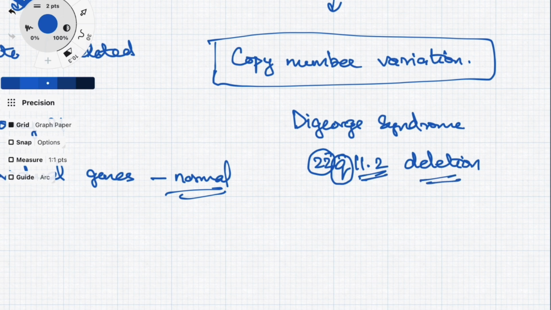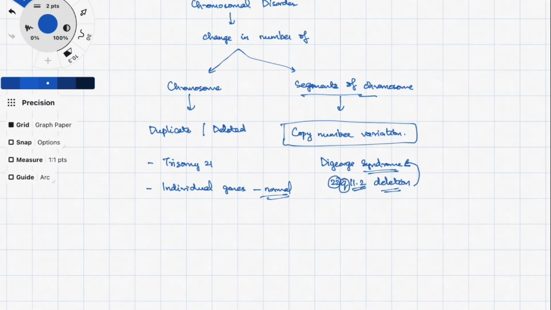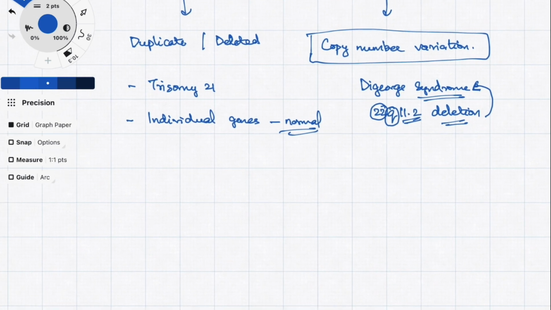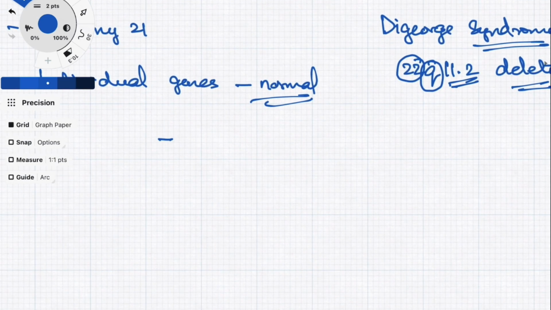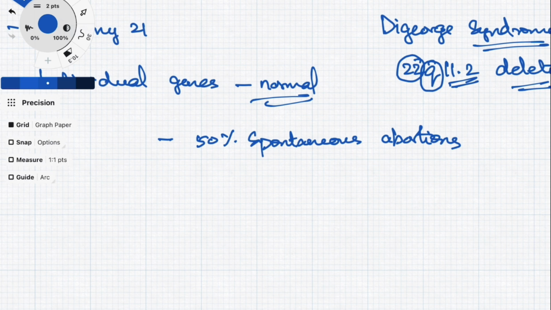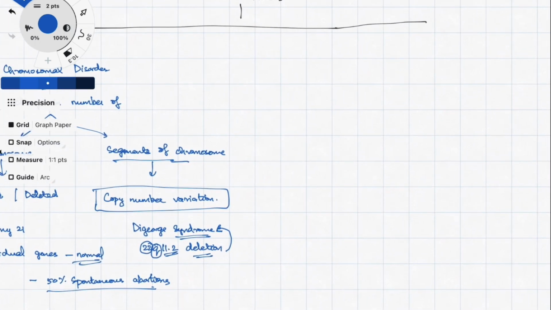So only a small segment is deleted, and because of this, multiple genes are affected or not present. Because of that, you have a syndrome, called DiGeorge syndrome. And chromosomal disorders are the reason for about 50% of spontaneous abortions. So that is about the chromosomal disorders.